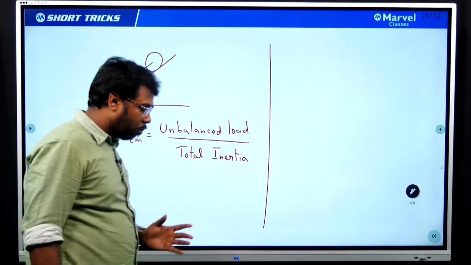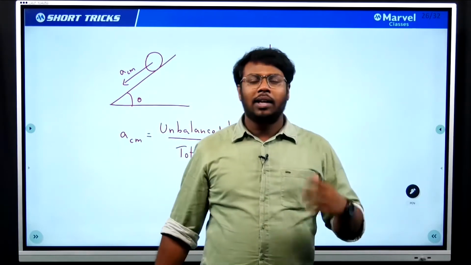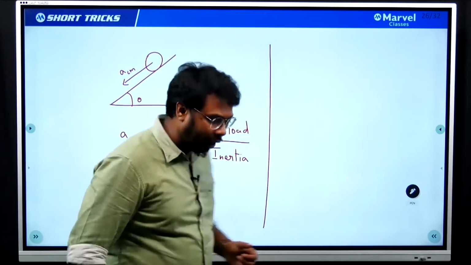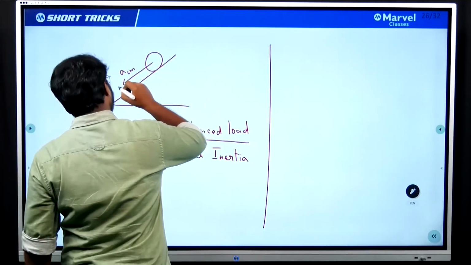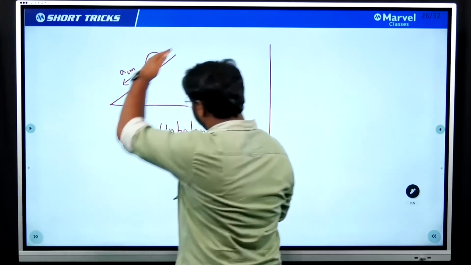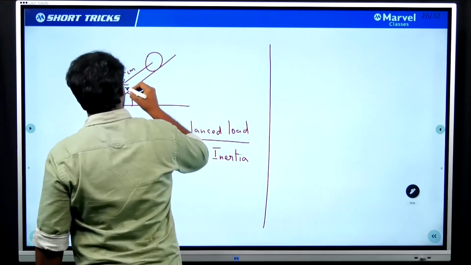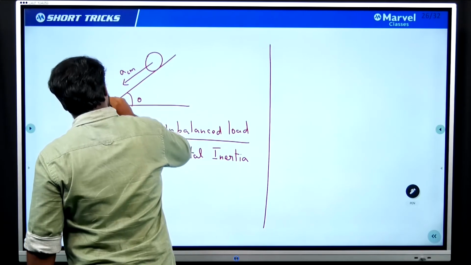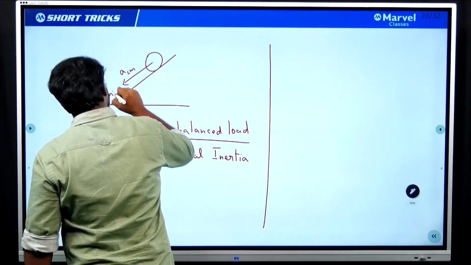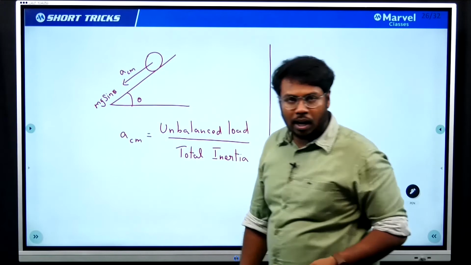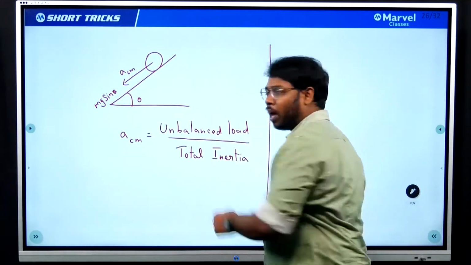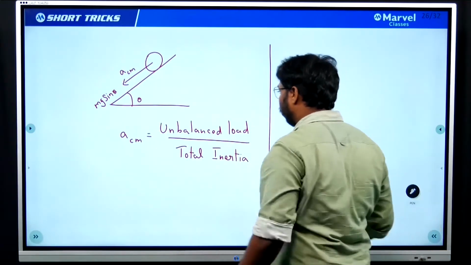Whenever you place a body on an inclined plane, in Newton's laws of motion, we immediately write that the force parallel to the inclined plane is mg sin theta. This is called the unbalanced load, and it should be written in the numerator.